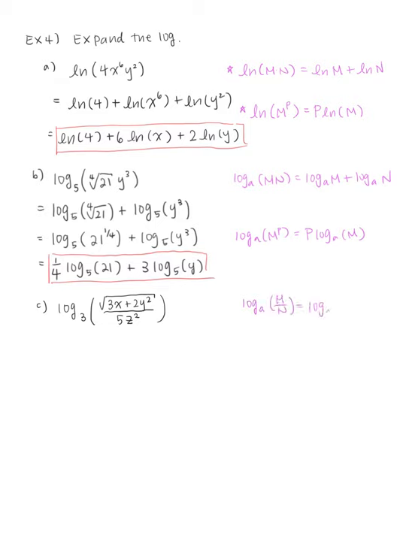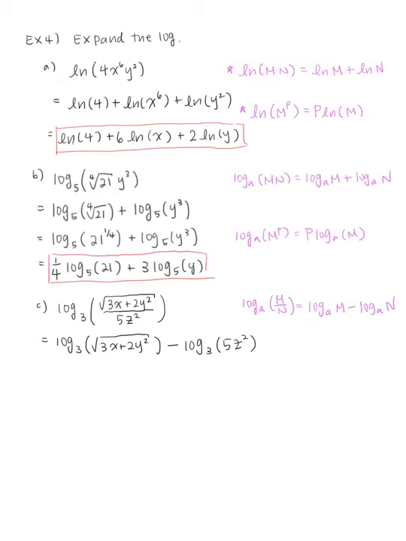This is log base a of m minus the log base a of n. So let me just split that up real quick. So here you're going to get log base 3 of the square root of 3x plus 2y squared, and then minus the log base 3 of 5z squared. Alright, so that is going to be our first step.